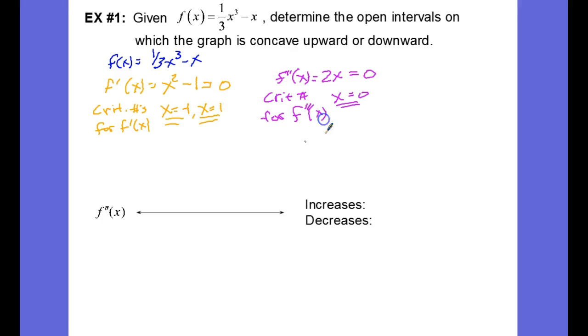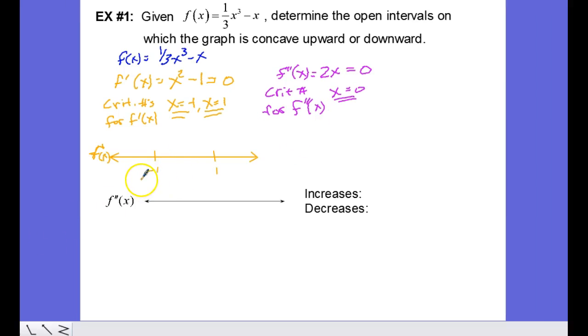All right, so first I want to make a sign chart for f prime of x. For this sign chart, notice that my critical values are laid out here, -1 and +1, and I've labeled this for f prime of x. And so I just want to think about, okay, what are the values of f prime of x for a value less than -1, say -2.